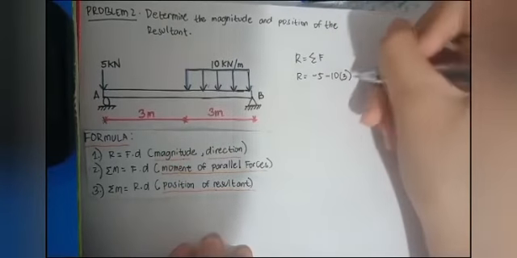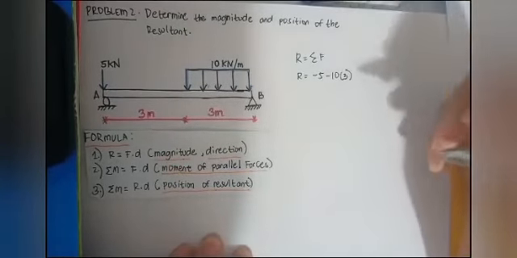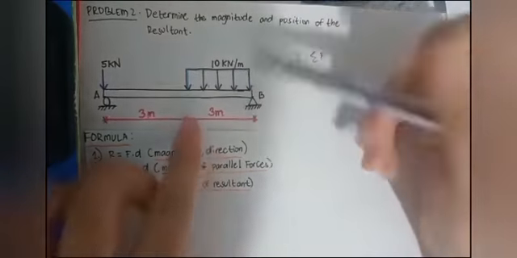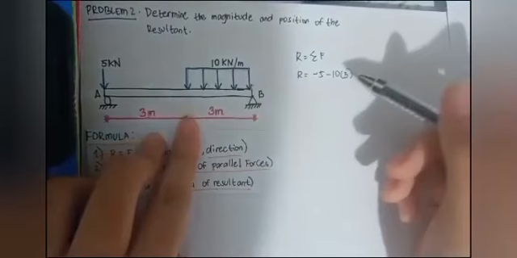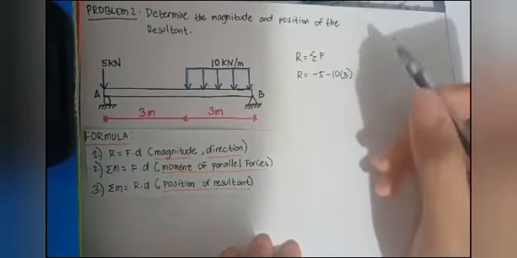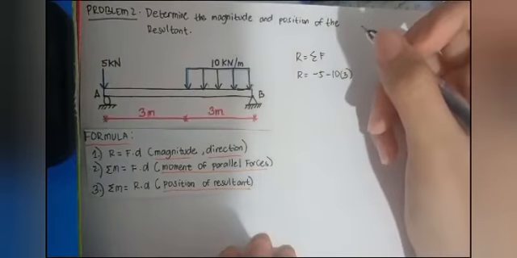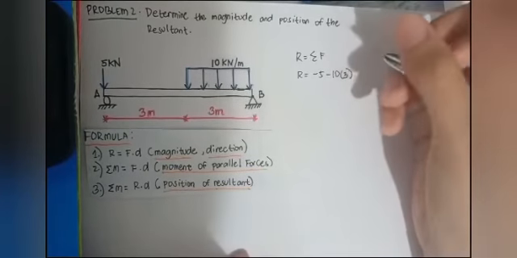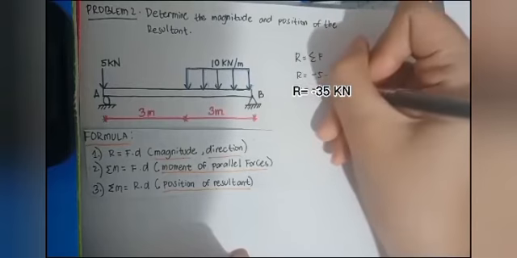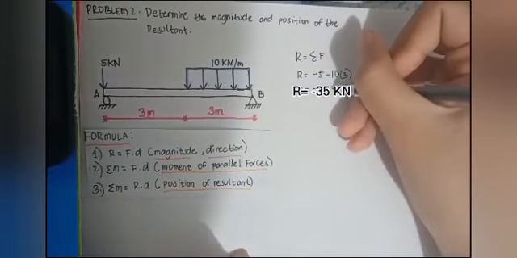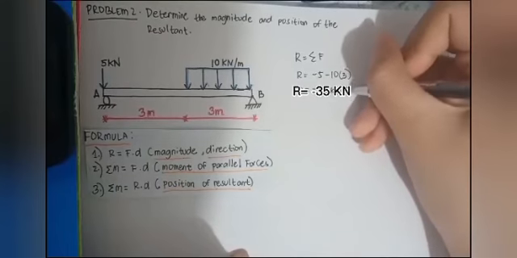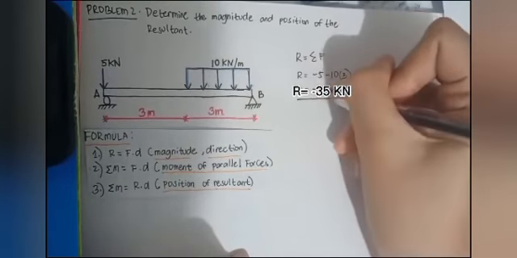We will be multiplying the whole force. So 10 is spread over 3 meters, so we write negative 10 times 3. If we calculate it, the answer will be negative 35 kilonewtons per meter. Don't forget the unit.